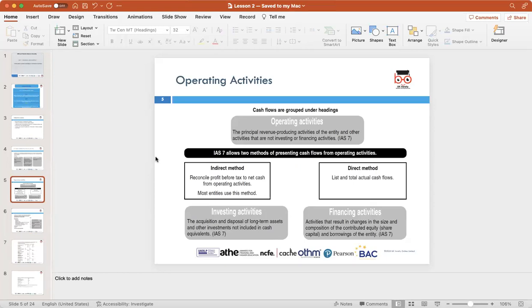Financing activities cover transactions related to the company's capital structure, like borrowing money, repaying loans, or issuing shares. If you borrow money to expand your business, the cash you receive is a financing activity. Any questions so far?